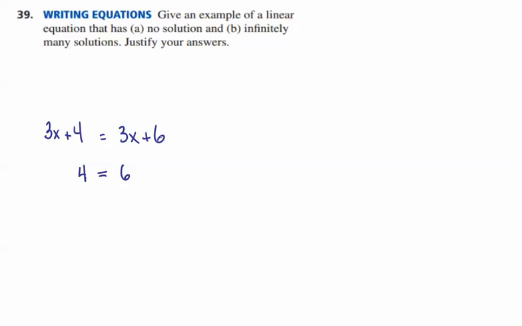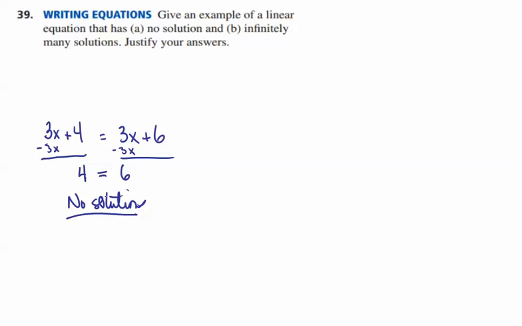So here, if we subtract 3x on both sides, we would have ended up with 4 equals 6, which has no solutions.